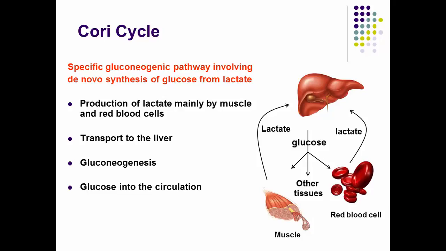And muscle is one of the providers of lactate for gluconeogenesis in the liver, together with the red blood cells. So muscle is a very important provider of lactate for gluconeogenesis during the fasting conditions.